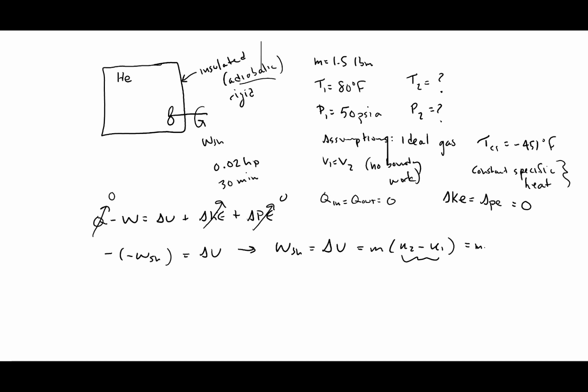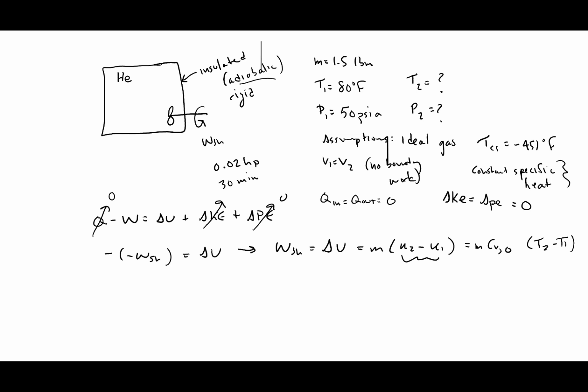So this is equal to m Cv average (T2 minus T1). And actually, I'm not even going to use the average, because since we're assuming that it's a constant specific heat, I'm just going to use Cv naught. And that's better for this case anyway, because we don't know what T2 is yet.